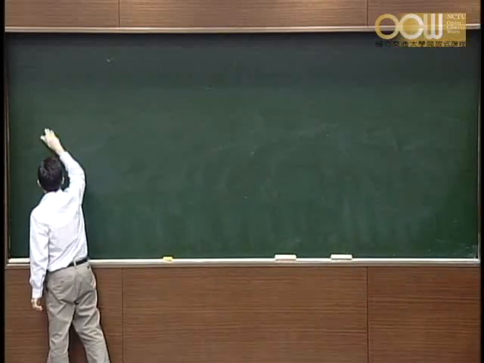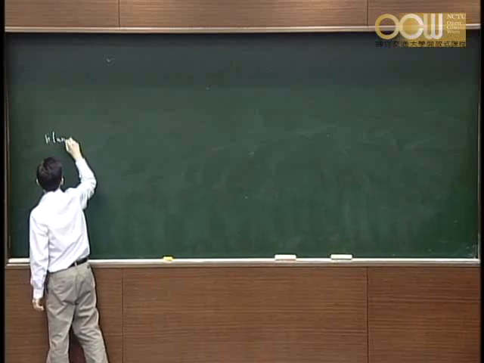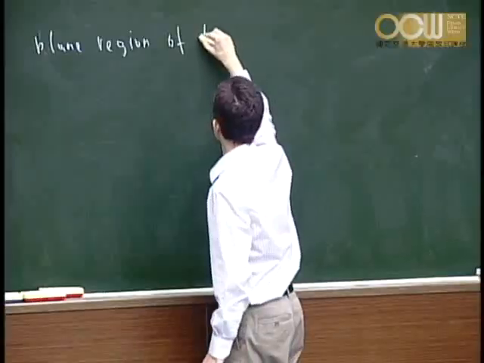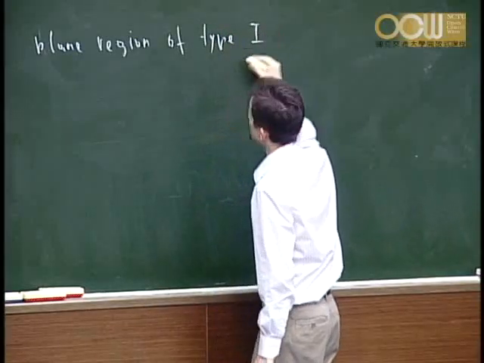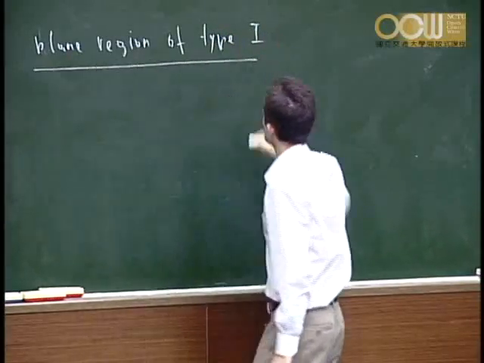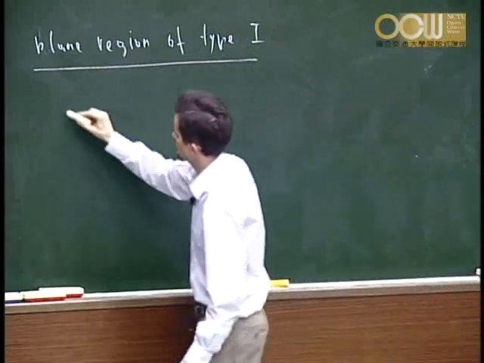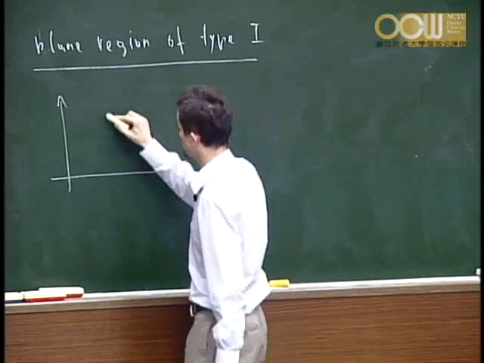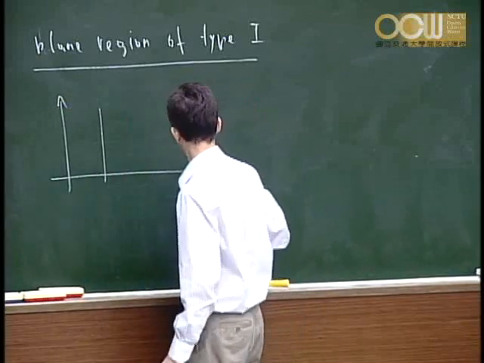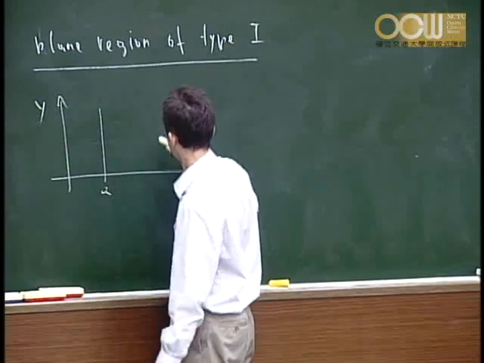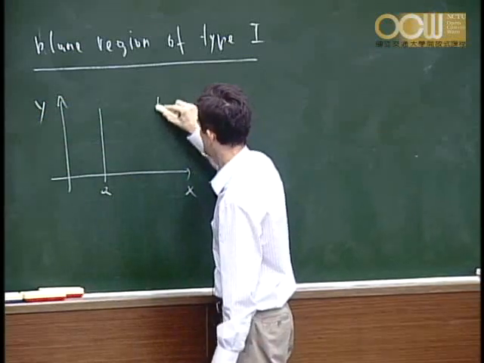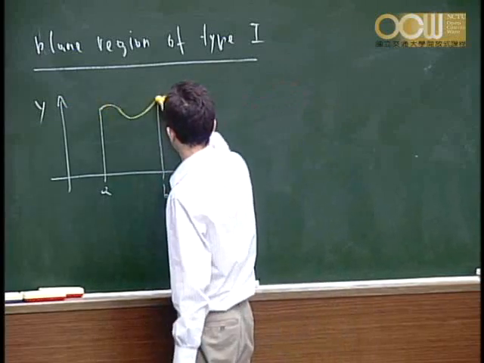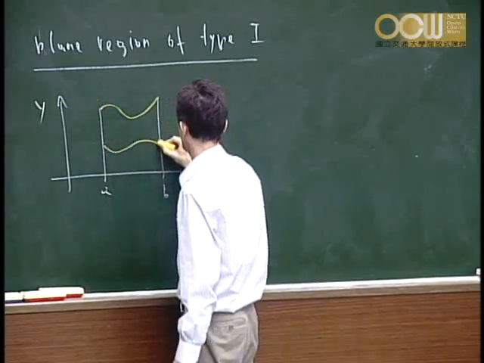So, plane region of type 1. Now, this is just a special choice for D. So what is so special? You have x between a and b, and then you have two functions. Call them f1 of x and f2 of x.